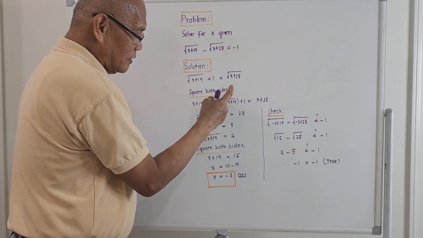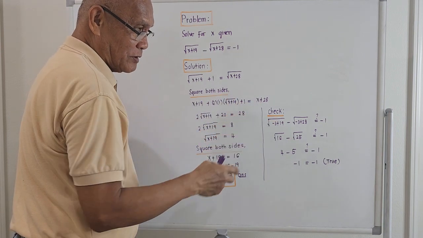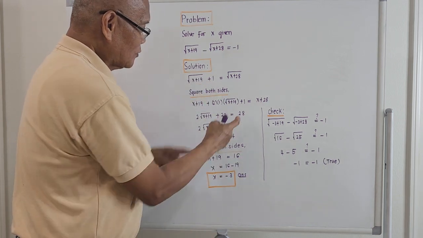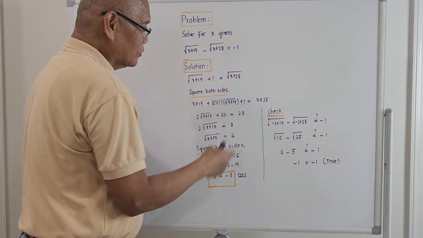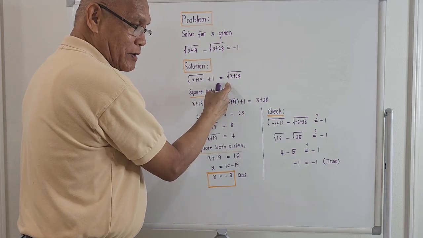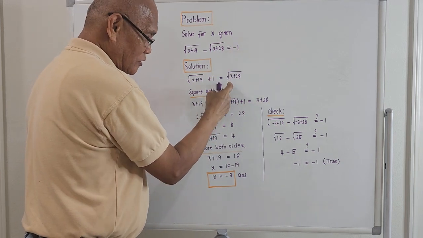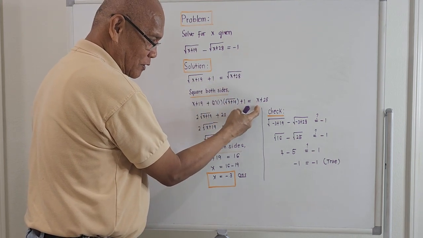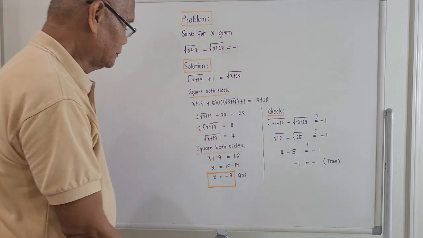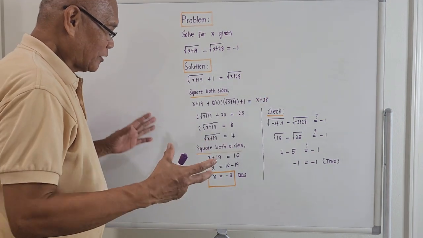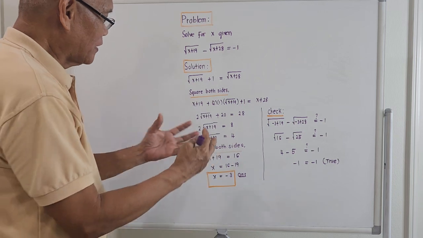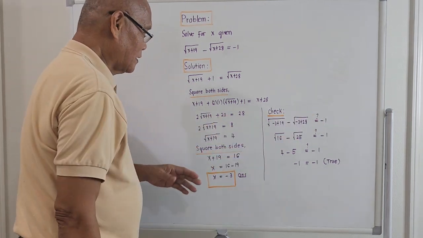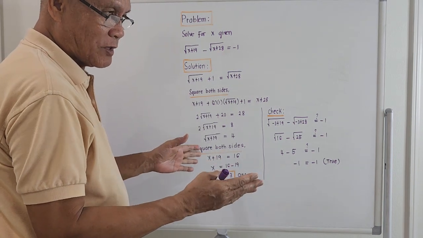And the third term, because we are squaring a binomial, the square of 1 will be simply 1, equal to the square of the square root of x plus 28. The radical sign will disappear, so it will be simply x plus 28. After the squaring, there is still a radical term on the left, but on the right we are already free of radical. So we combine similar terms.